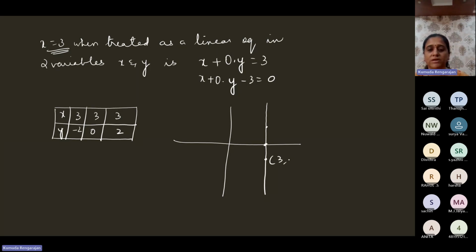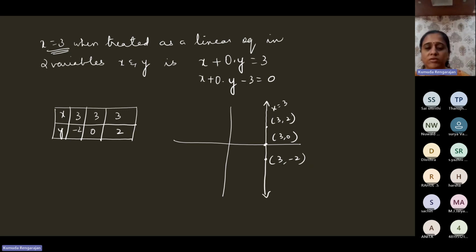This is 3, minus 2. This is 3, 0. And this is 3, 2. When you join, you get a straight line. And the equation of the straight line is x is equal to 3.